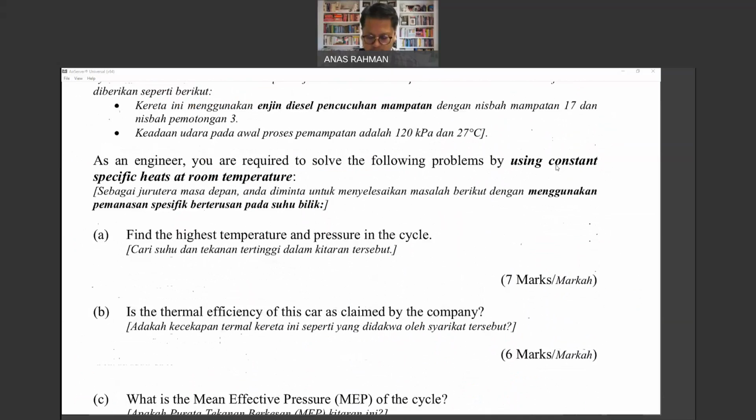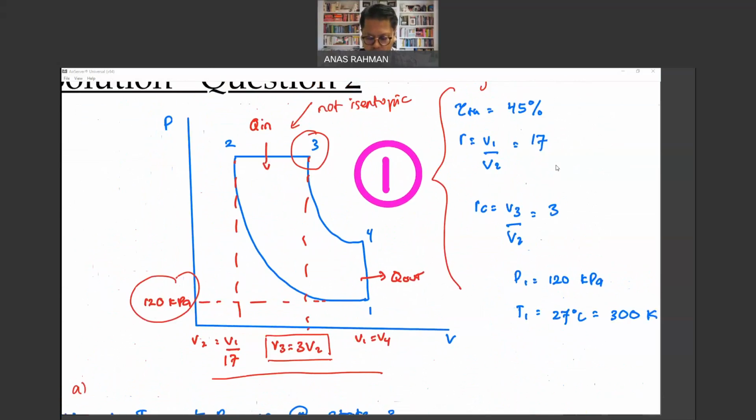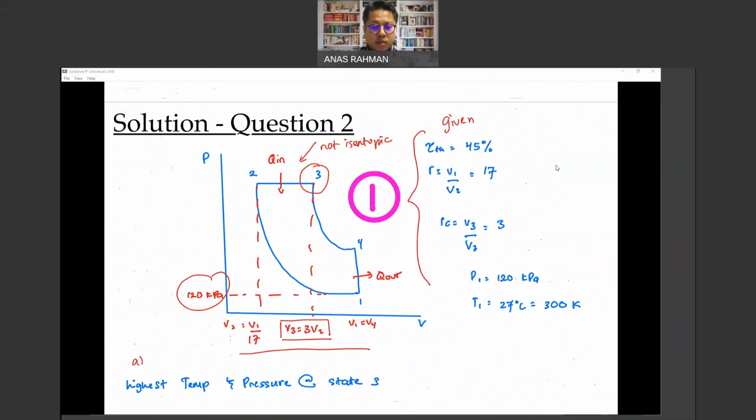That's why I say it's very important for students first to understand the fundamentals learned in the class, and the most important part before you start answering the questions is to transfer the information into the diagram. If you did not write this, chances are you will not be able to answer this part correctly.